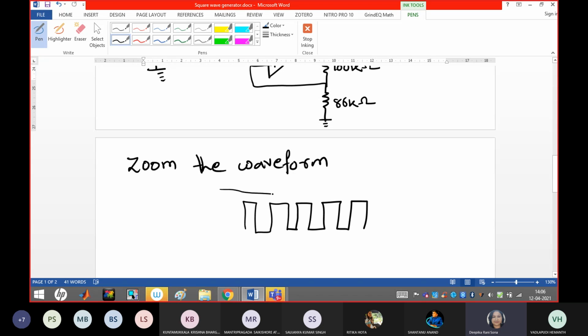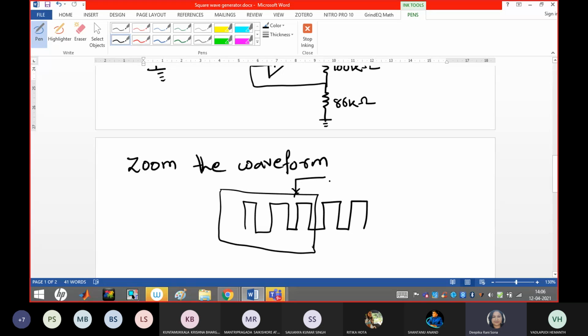If you take your mouse and clip some portion of it, this part of the waveform will be zoomed for you. Otherwise, the second option is the axis setting, user defined point. Do you remember, we have seen that if you want to show the axis value from some point, you can change the axis setting option also.